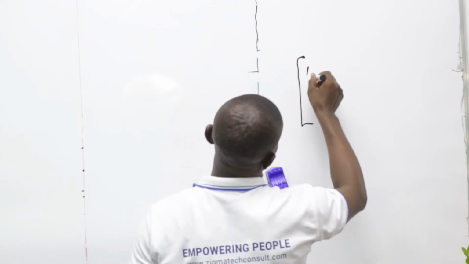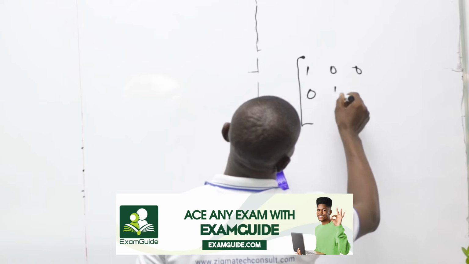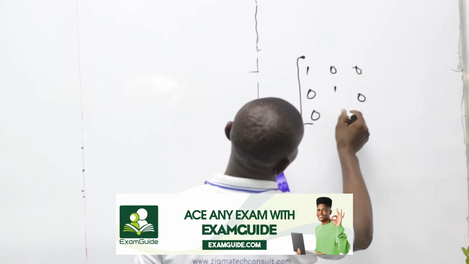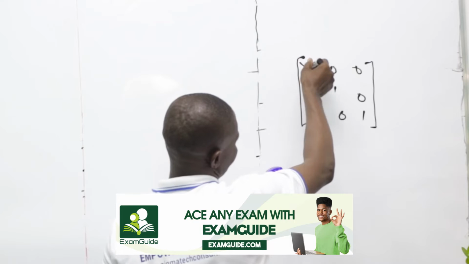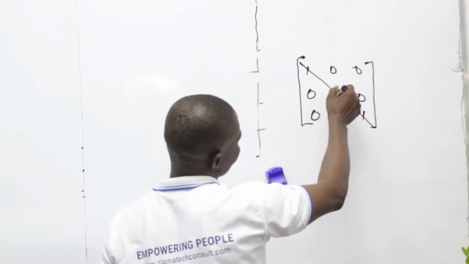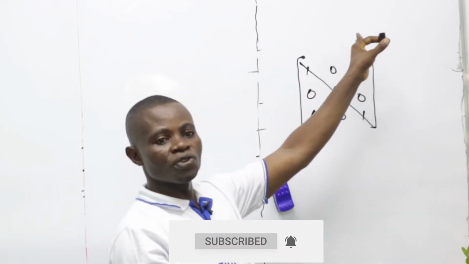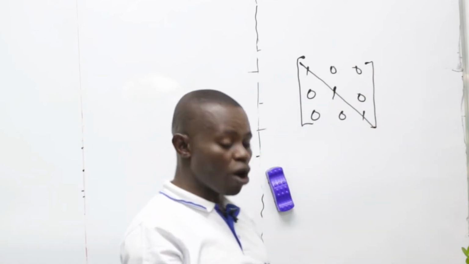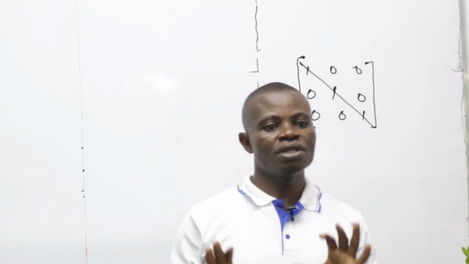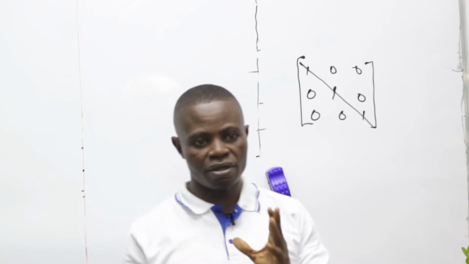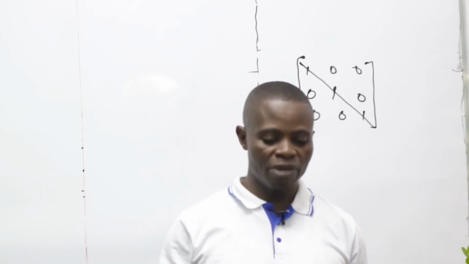Look at it: 1, 0, 0, 0, 1, 0, 0, 0, 1. Look at the leading diagonals. They are all unity, that is 1, all through. The numbers above are all 0. The ones below are all 0, meaning a unit matrix. You don't need to struggle with knowing the difference between a diagonal matrix and the unit matrix.